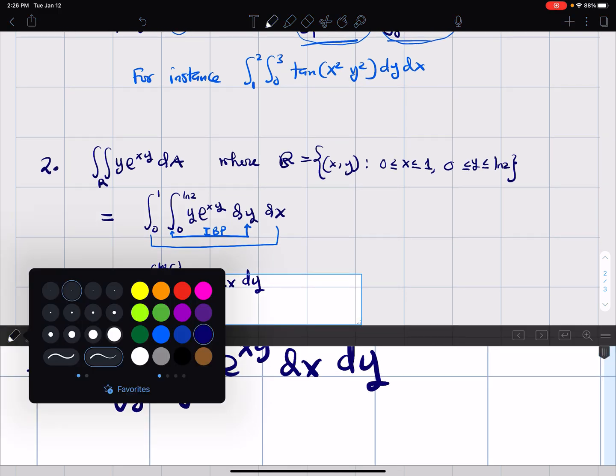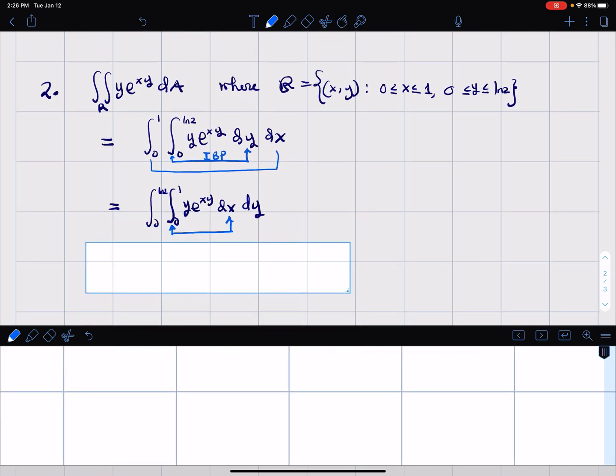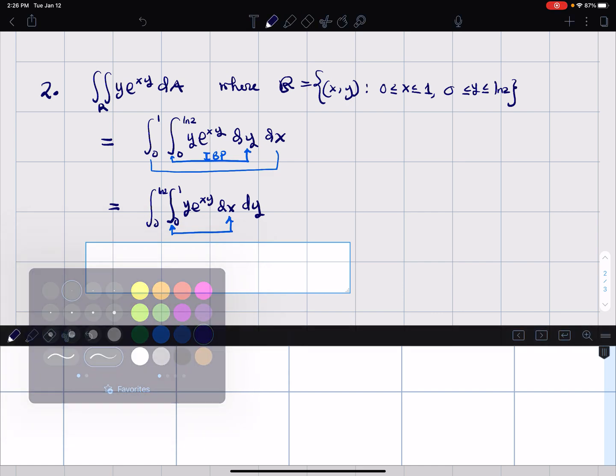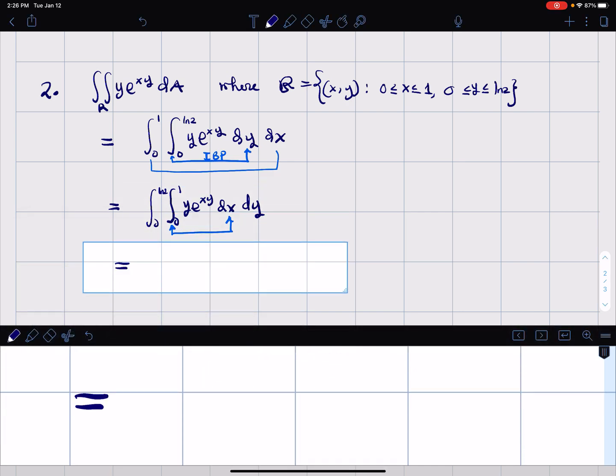So if we go this route, integral with respect to x, in which case y is just a constant, then we are fine. We don't need to do any integration by parts. Okay, so I'm going to try this. Integration usually takes a little bit of time, so throughout this section, or this chapter, I might not be doing a whole lot of integration. I'll just set it up for you and let you do it.